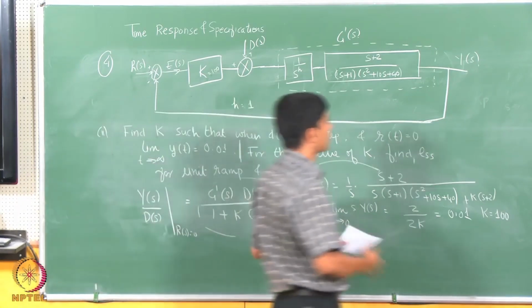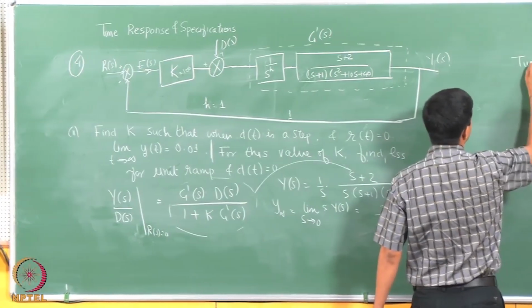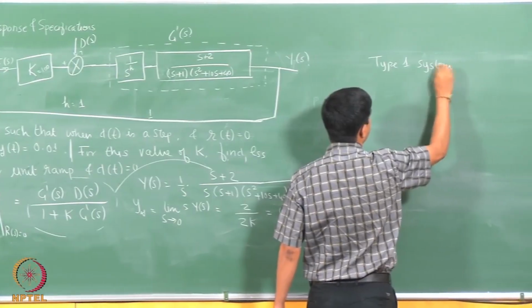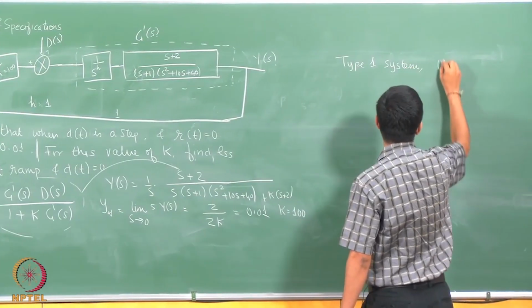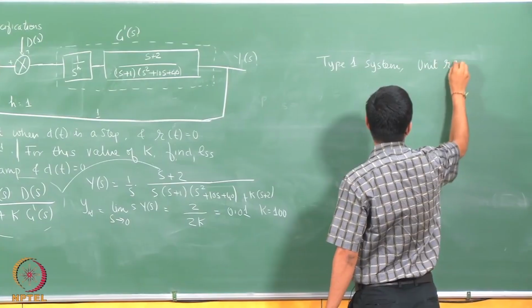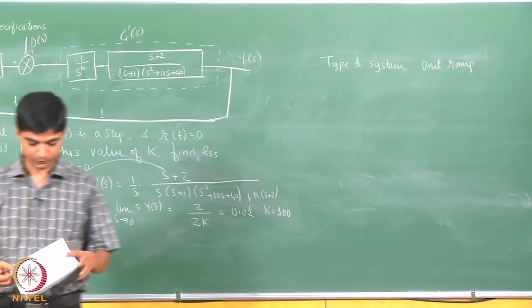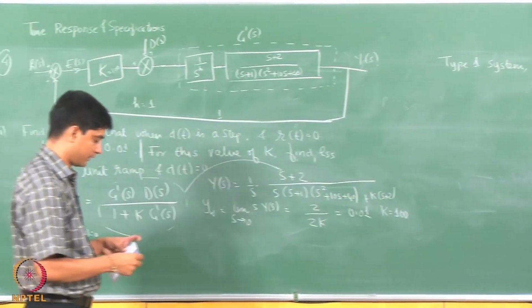So, this is again a type 1 system. I have an input which is a unit ramp, and I know that the error is definitely not equal to 0 and it is some constant value. So, let us compute what that constant value is.